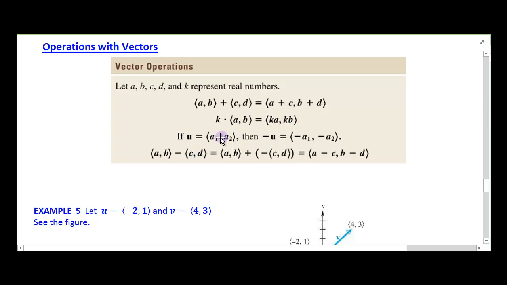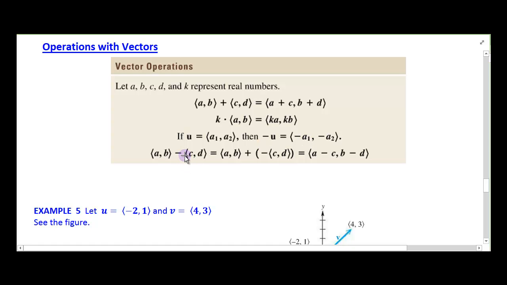The last two lines I think are rather intuitive, and you can look at them either way you want. First of all, this first line is basically saying if I have the vector u given by these components here, then the negative u would be those components, each with negative signs.